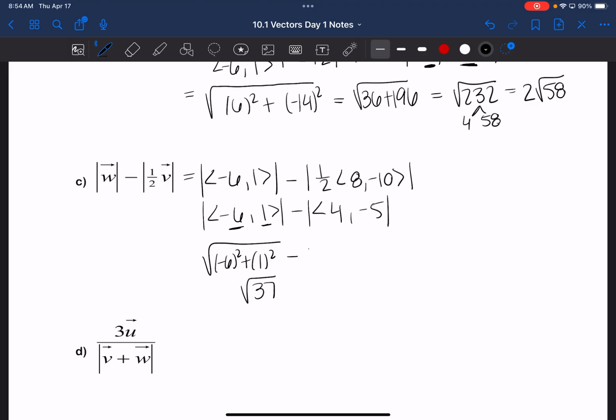Okay, minus, for this one, I got 4 squared plus -5 squared. What would that be? What is it? 41. So this would be square root of 41. Neither of those are going to have a square root, nor are they things that we can simplify. So I'd have to leave their magnitude just like this.